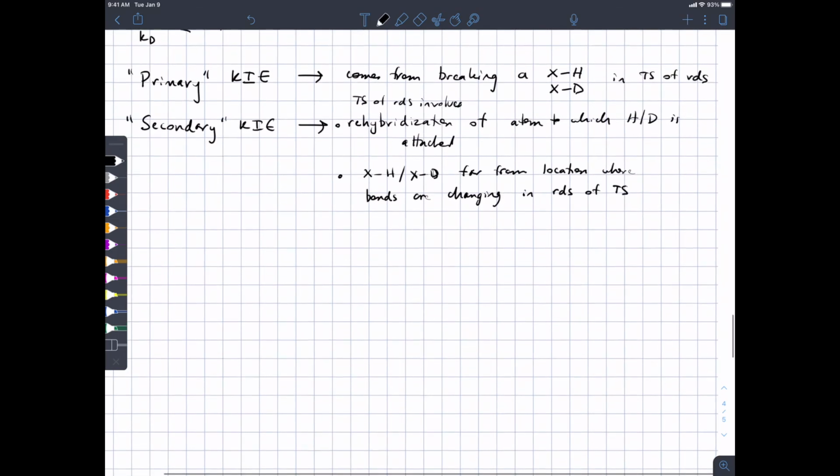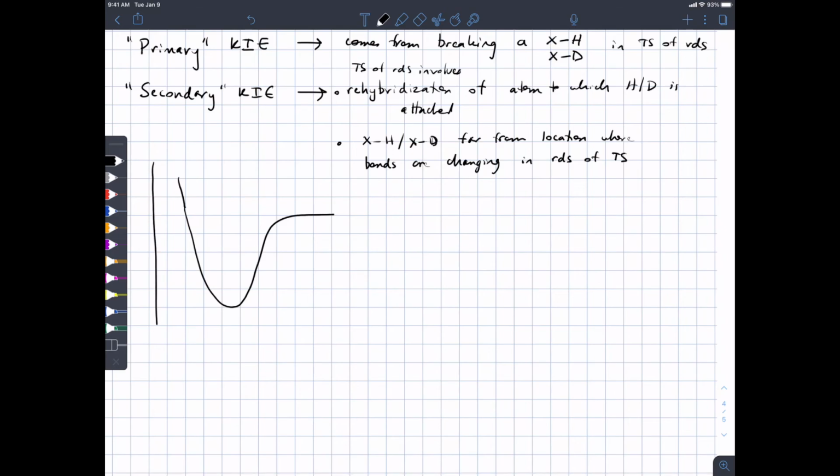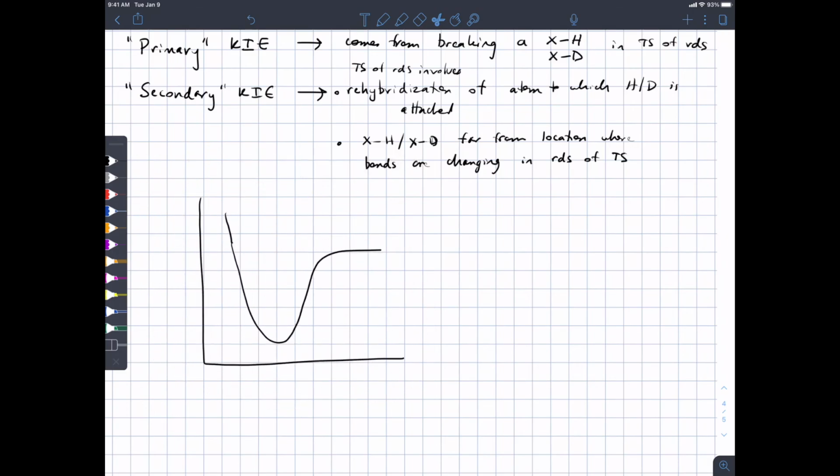What I remember learning as an undergraduate about kinetic isotope effects was that you consider this an energy diagram for a bond between some atom X and hydrogen. On this axis we have energy, and on this axis we have bond distance between that atom X and hydrogen versus deuterium.